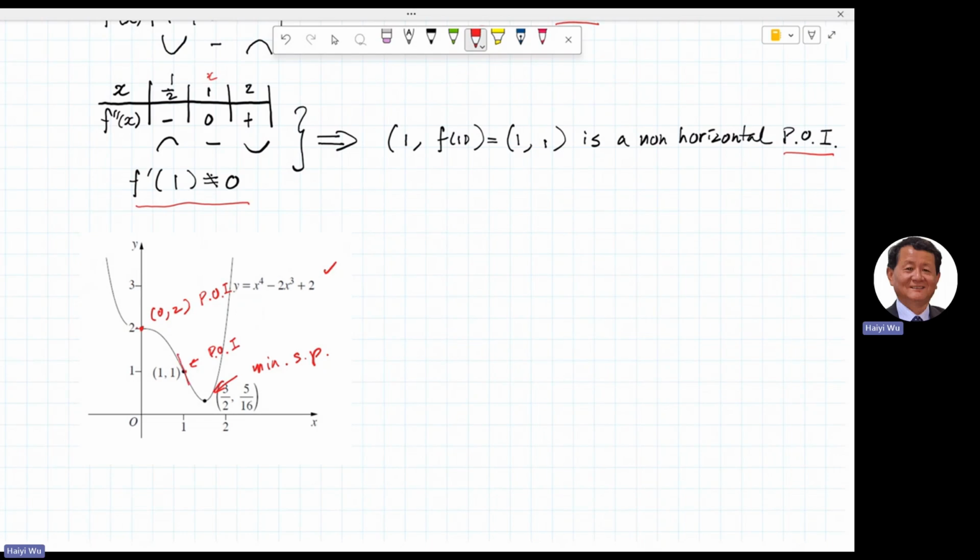So there are 3 key points: 2 stationary, and 2 POIs, but they are all different in nature. That's how you draw the graph using those key points.